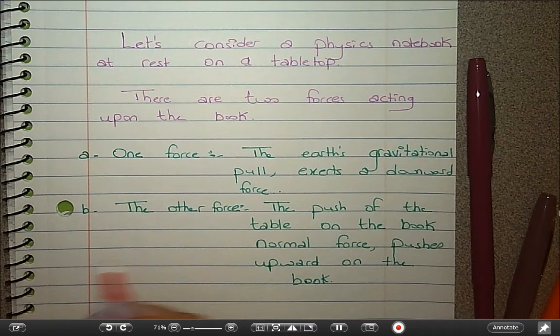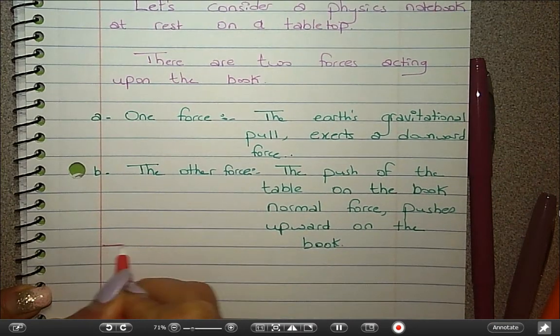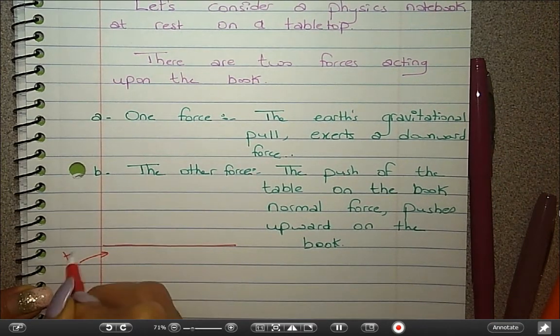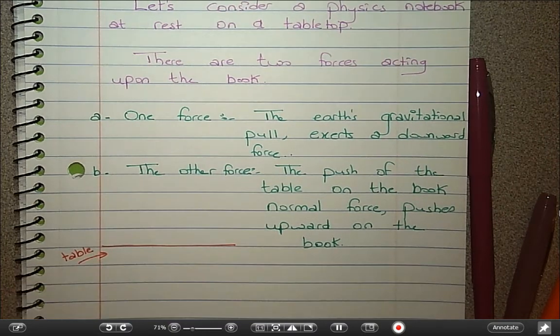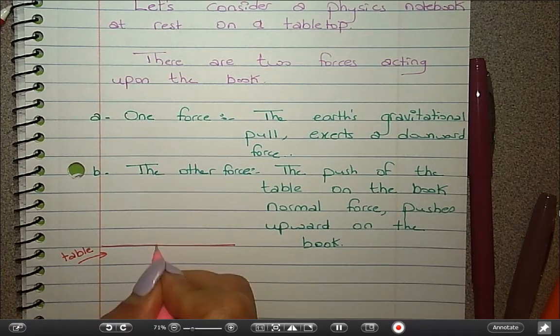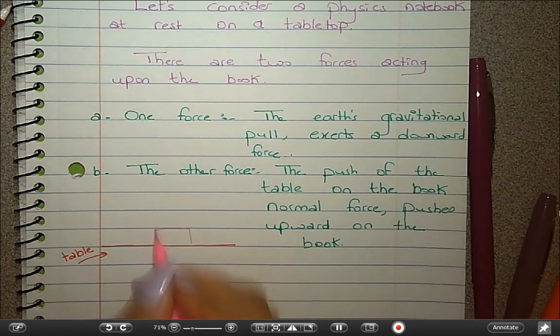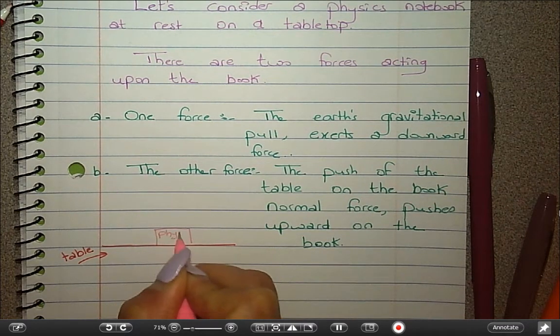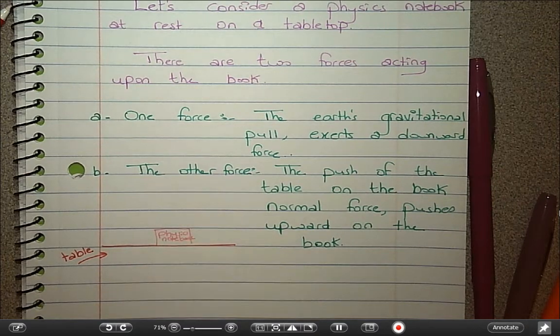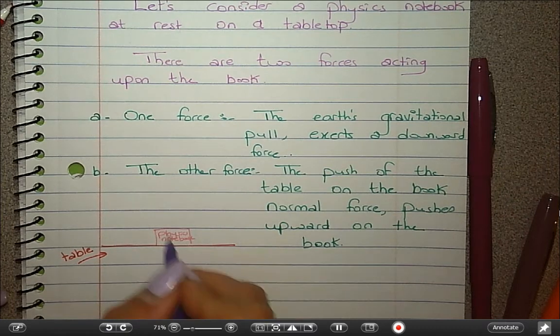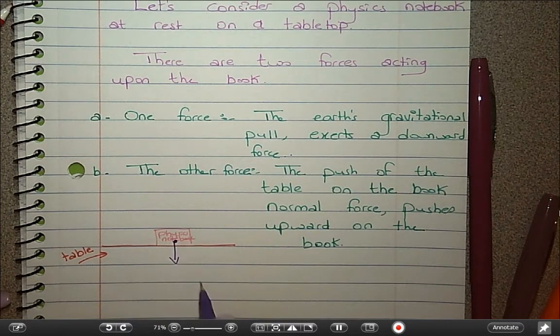That is my table right here, and you have that physics notebook right here. So the gravitational force is that force that is pulling downward.